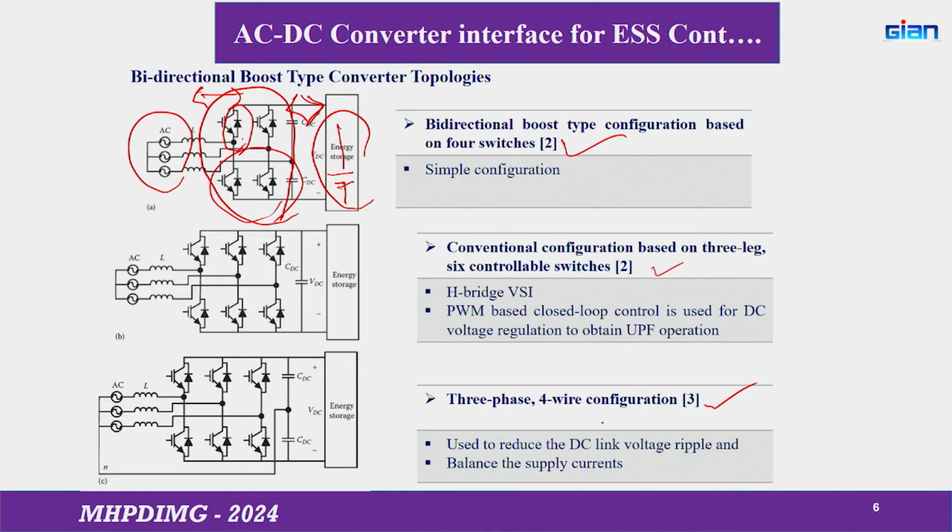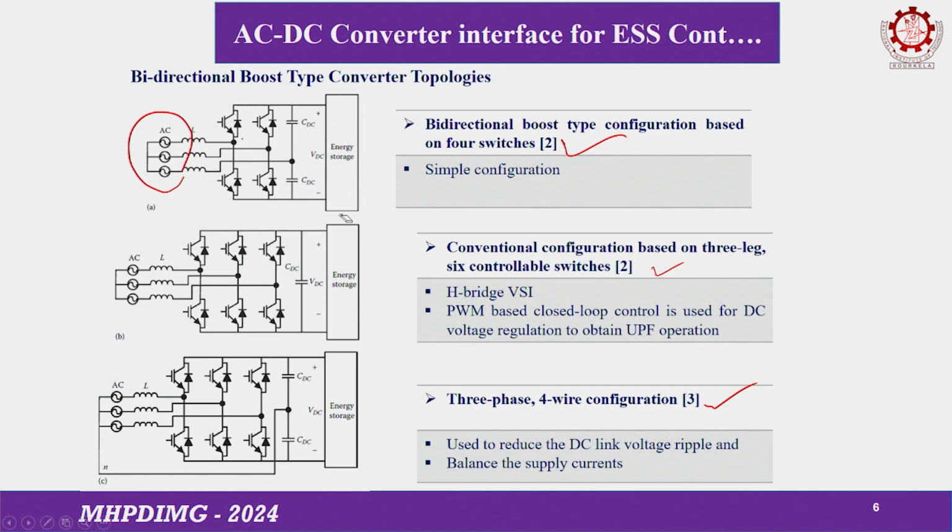So, the first one is the bidirectional boost type 2-leg converter. So, we have 2 switching legs here. So, you can see it clearly. We have 2 legs here and a 3-wire system, and this one is the topology with a 3-leg 3-wire system, and this is the bidirectional boost type topology with a 3-leg 4-wire system.